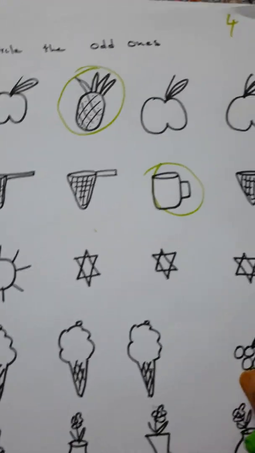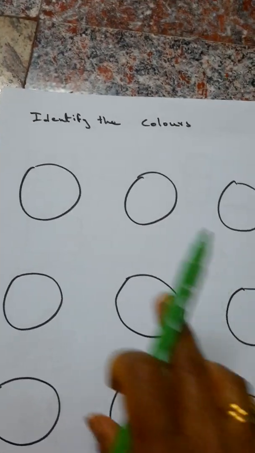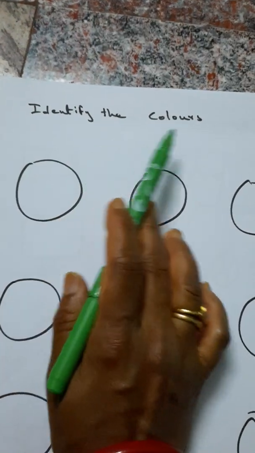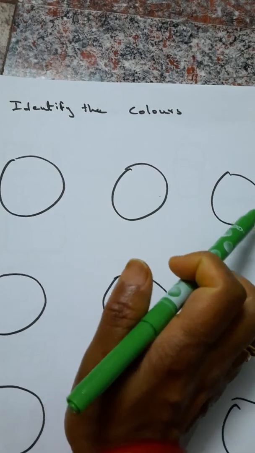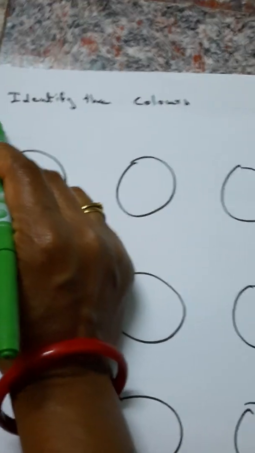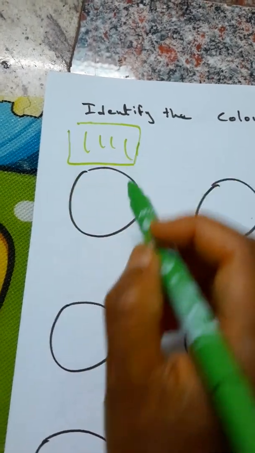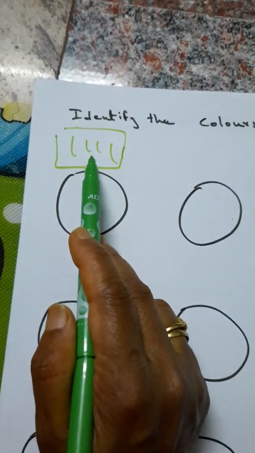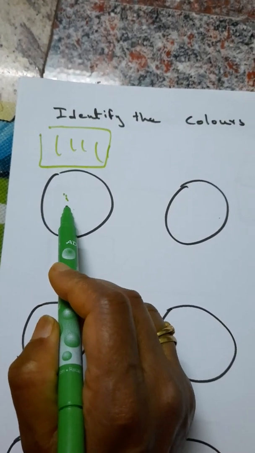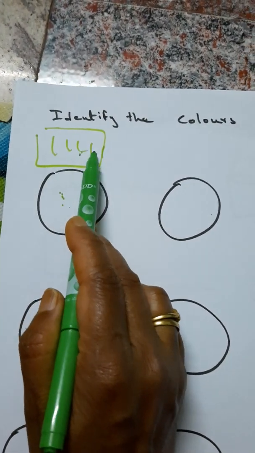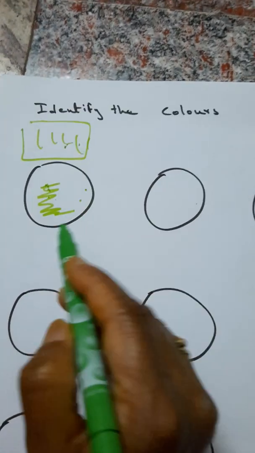Then this is the fourth worksheet. The next worksheet is where the child must identify the colors and color in these boxes provided. For example, you give a crayon box and ask the child to identify the crayons. If you say color the first circle blue, the child will pick a crayon and color the circle in blue color.